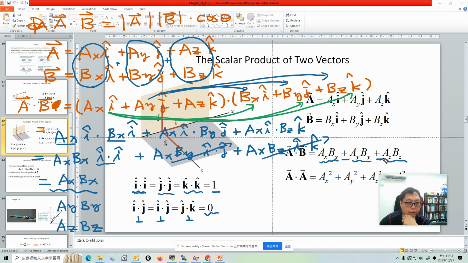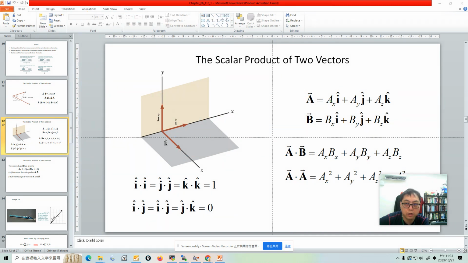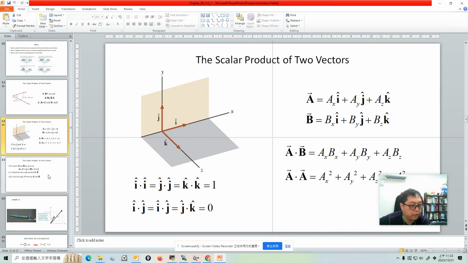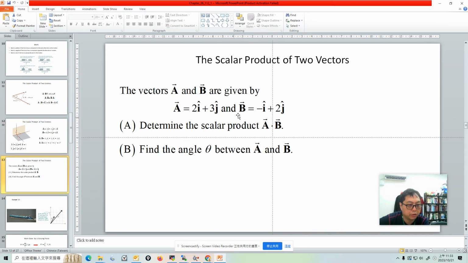We will use an example from the textbook to help you become familiar with this process. I will switch to the next slide. You can do this example by yourself.